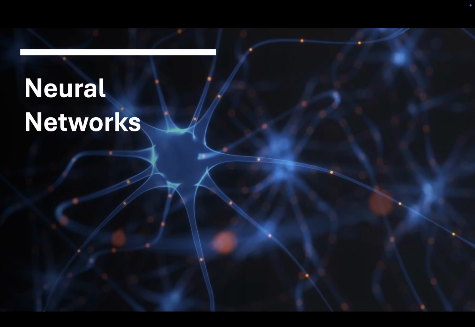So, first up, let's talk about backpropagation. At its core, a neural network is designed to learn from data. As we learned last week, neural networks are just layers of neurons, and each neuron has some kind of activation function.